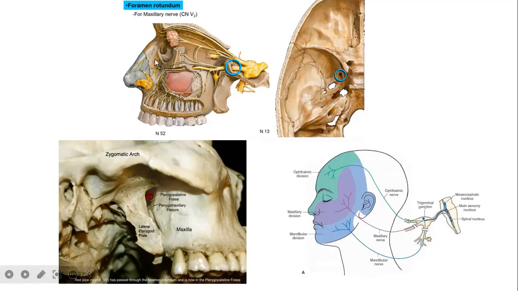Branches on the face, after it exits the infraorbital canal, are the lateral palpebral or inferior palpebral, external nasal, and superior labial nerves. These are the branches.